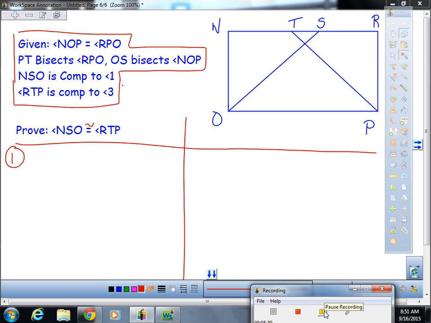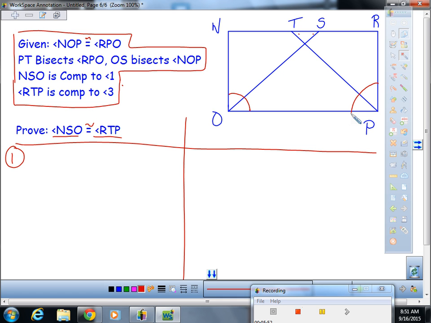We are clearly, Jamie, trying to prove that angle NSO is congruent to angle RTP. We're trying to prove that these two angles are congruent. All right, so we know that angle NOP is congruent to angle RPO. Notice I didn't mark them as right angles because they didn't tell me anything about them being right angles. Okay?